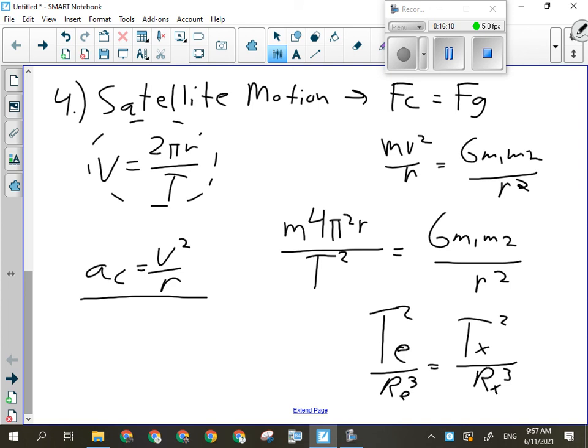But if I'm talking about a satellite orbiting the Earth, I can't use that because we have purposely left the moon's period off of your data sheet. For exactly that reason. It forces you to use the satellite motion formula when we're talking about a satellite orbiting the Earth.